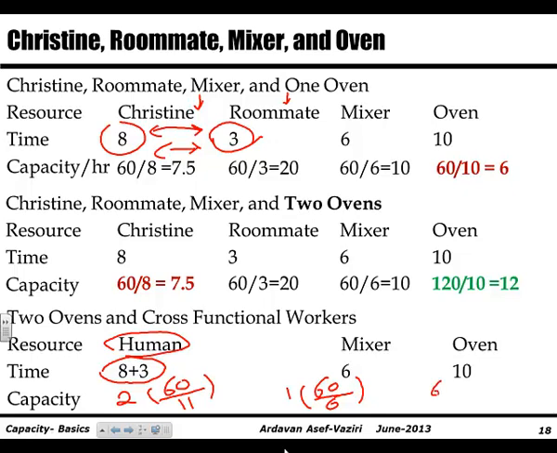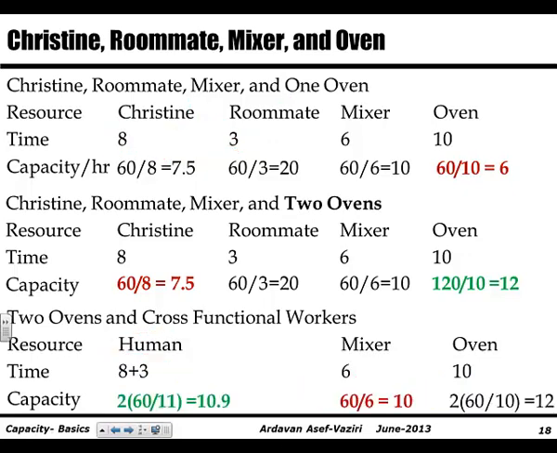Here it is 60 divided by 10, and we have 2 ovens, 2 resource units. The first resource pool, which is the human resource pool, can produce 10.9 flow units per hour. Mixer can produce 10 units per hour, and oven can produce 12 units per hour.